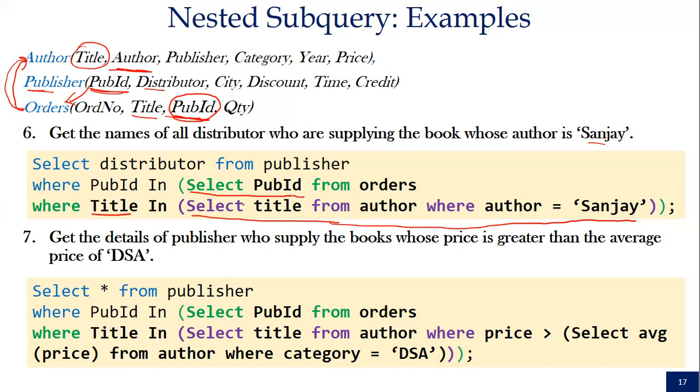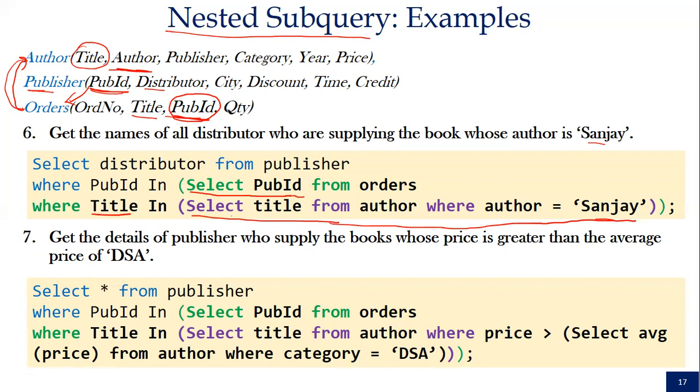Title in, then which title? The title whose author is Sanjay. Inside the first subquery we have used another subquery. That's why it is called a nested subquery.